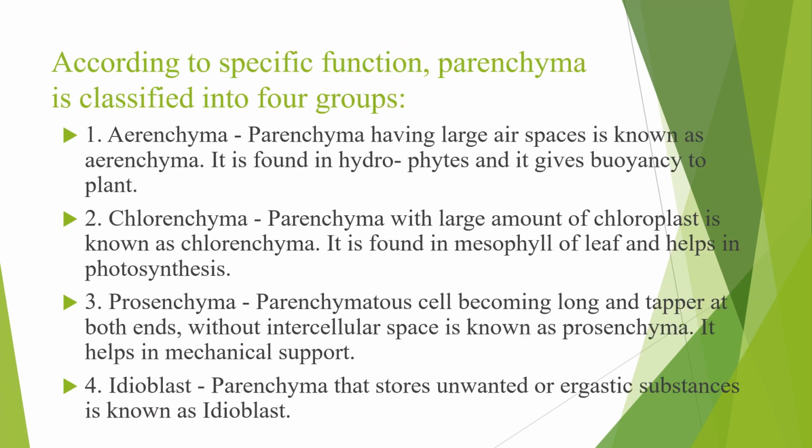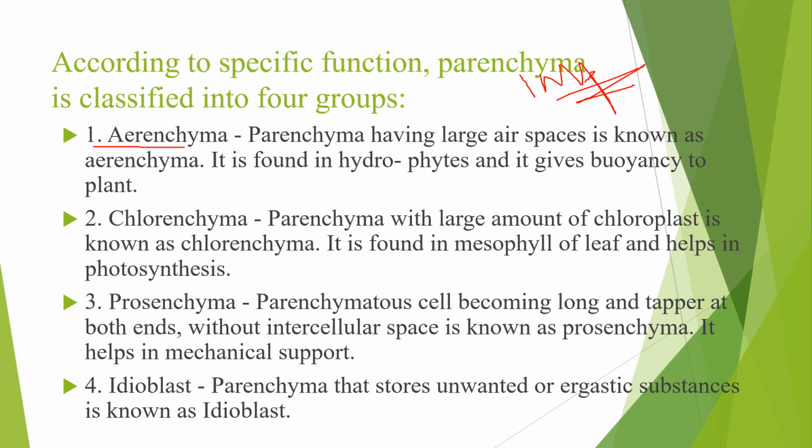According to specific function, parenchyma is classified into four groups. These are very important from your examination point of view, because generally it comes in entrance examinations. First, parenchyma having large air spaces is known as aerenchyma. Generally it is found in hydrophytes.